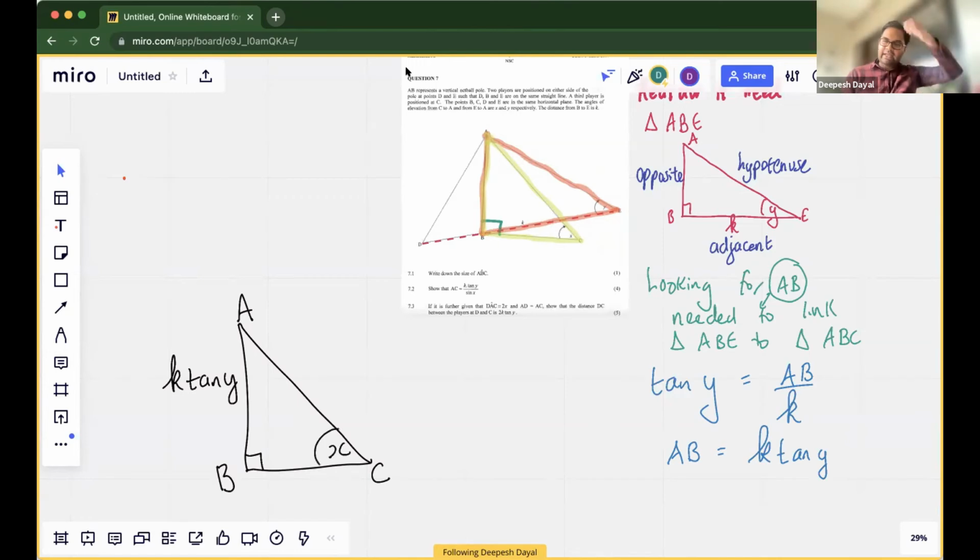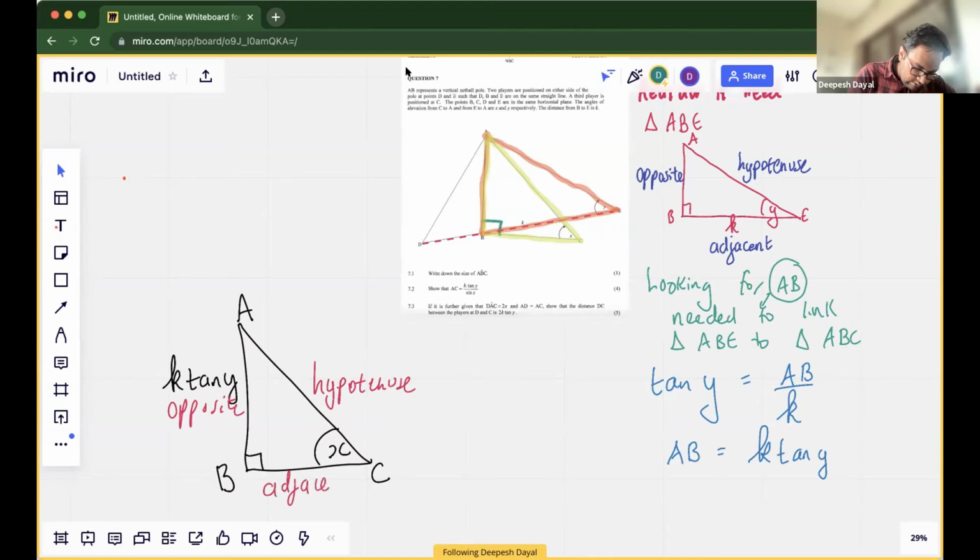So how do we find AC? In order to find AC, I rewrote the sum down. So I said AB over AC equals sine X. So that's the opposite, that's the hypotenuse, that's the adjacent, right?